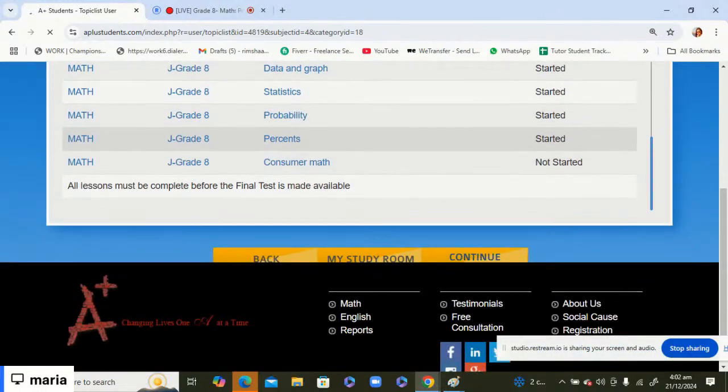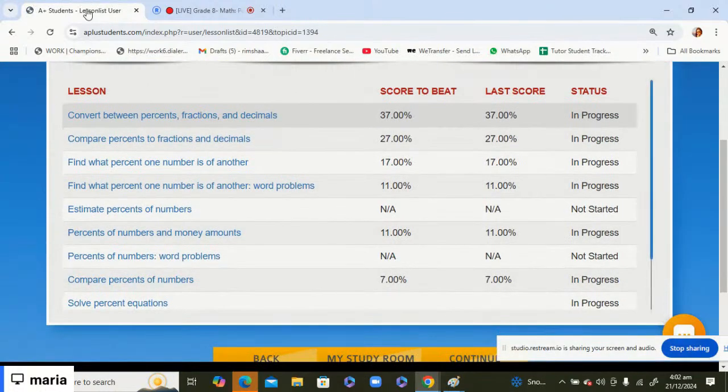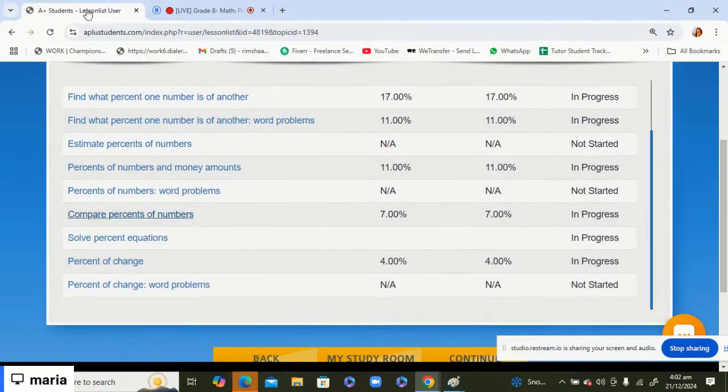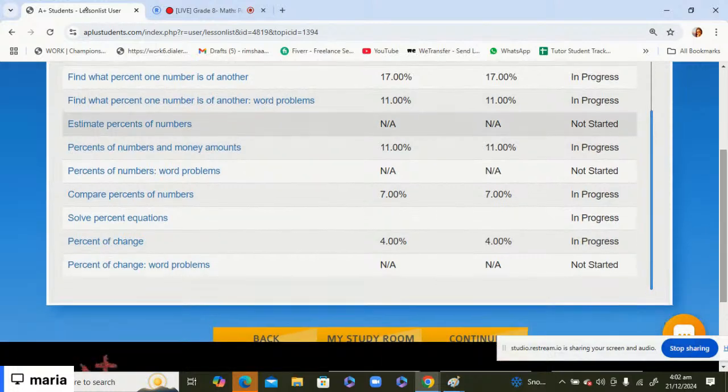Let's continue with this. And here is the list of lessons, and we are on the lesson estimate the percent of a number.